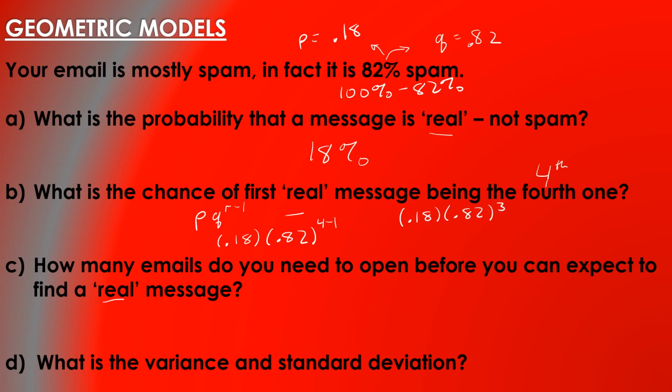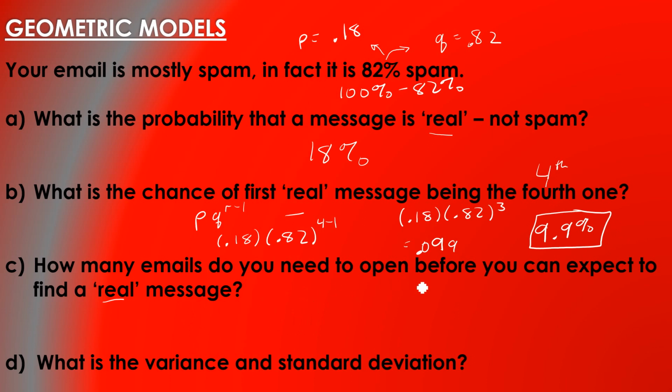And I'll go ahead and type that in, hopefully correctly. And I get 0.099. So 9.9% chance that it takes 4 tries to get a real email.